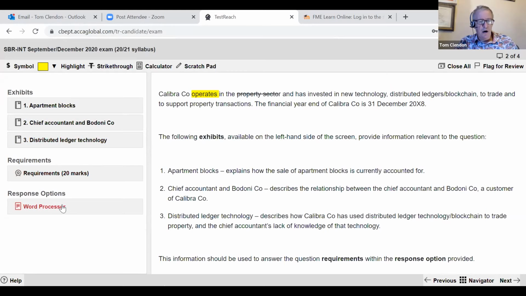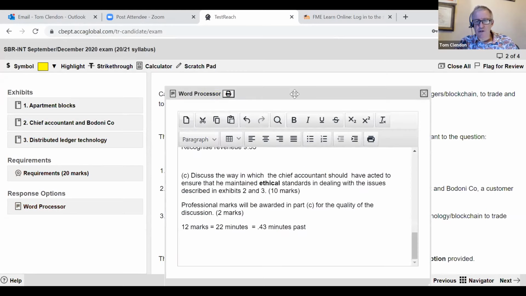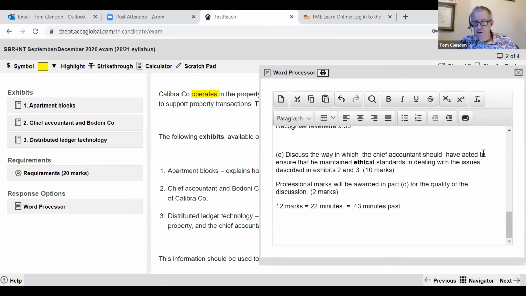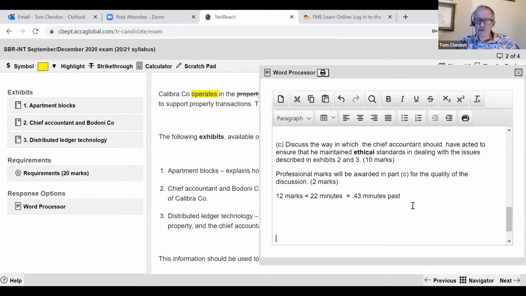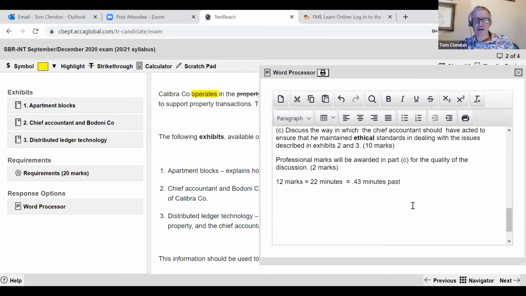We've got our response areas, which include the requirements, and 2 professional marks. It's difficult to directly earn the professional marks. You can't have a heading called professional marks. It's about polishing things and making sure we relate to the material in the question.